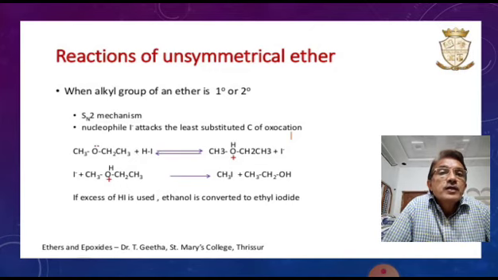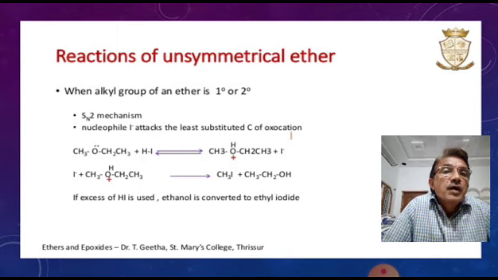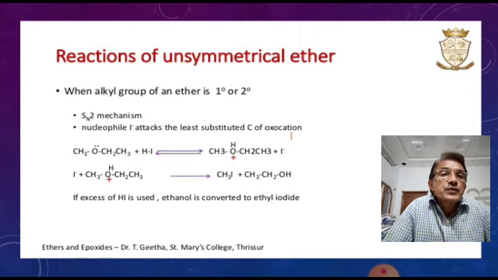In this equation, ethyl methyl ether reacts with hydrogen iodide, forming an oxonium ion. This oxonium ion reacts with iodide ion, giving alkyl halide. If excess hydrogen iodide is used, the alcohol is converted to ethyl iodide.